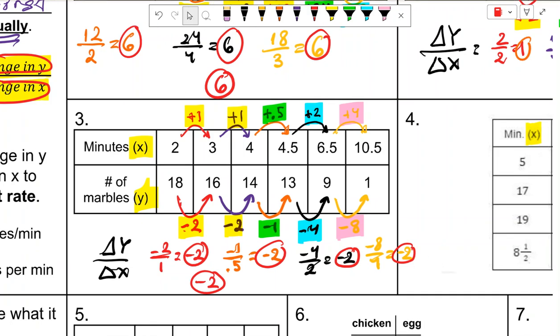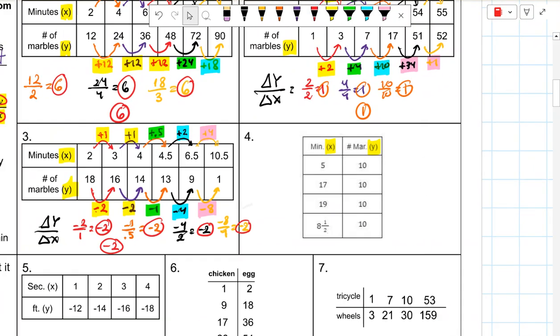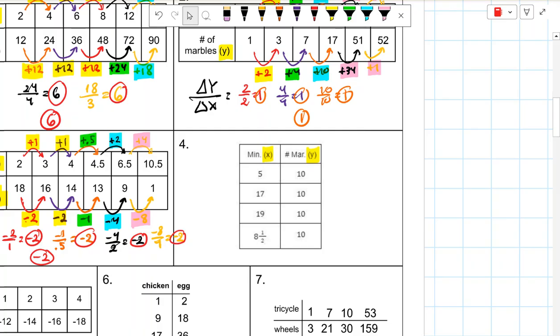So we just did 3 horizontal tables, and now we're looking at a vertical table. And the x's are listed first. And so what we do is we go from 5 to 7, and we find out what the difference is. That is a difference of 12. And the difference between 10 to 10 is 0. We go down to the next one.